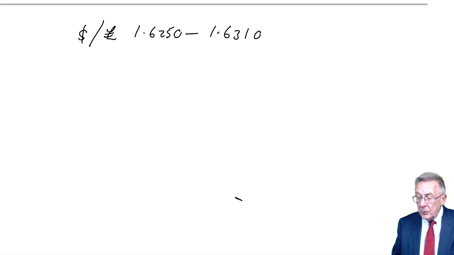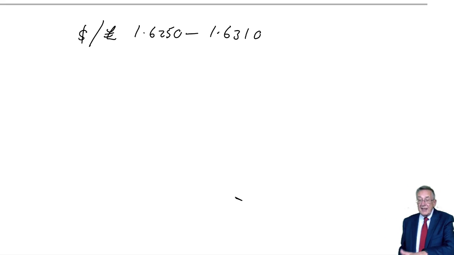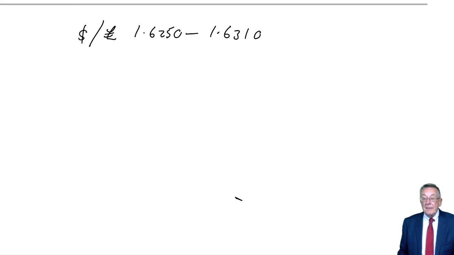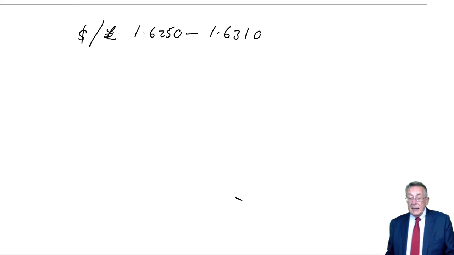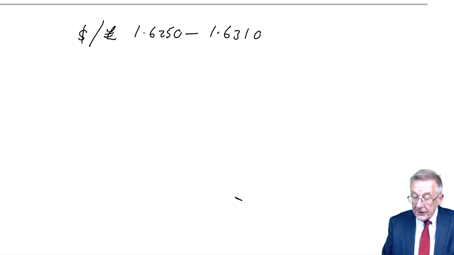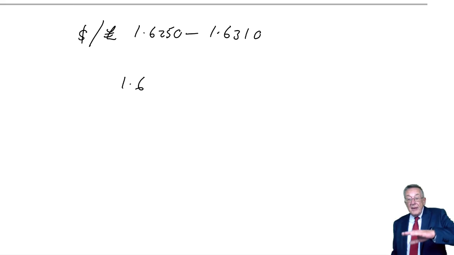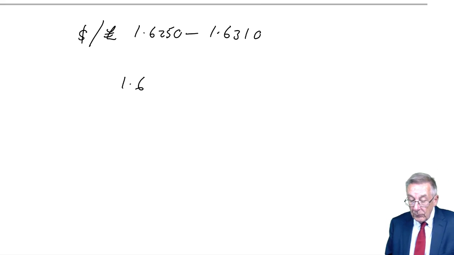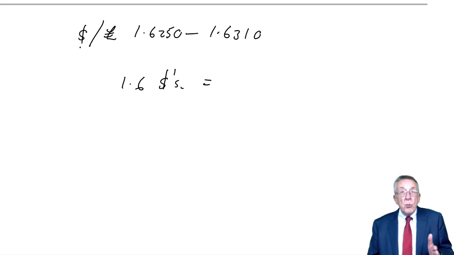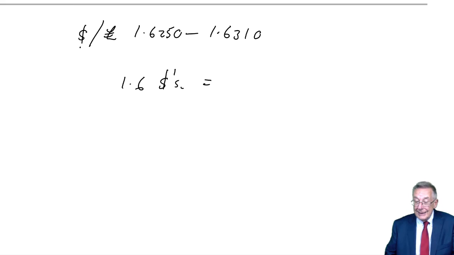Forgetting the spread for the moment, I'll explain that in a minute, but they're both about 1.6. If it's quoted like that, it always means this many, I'll say 1.6 for the minute, that many of the first currency, which here is dollars, is equal to 1 of the second.